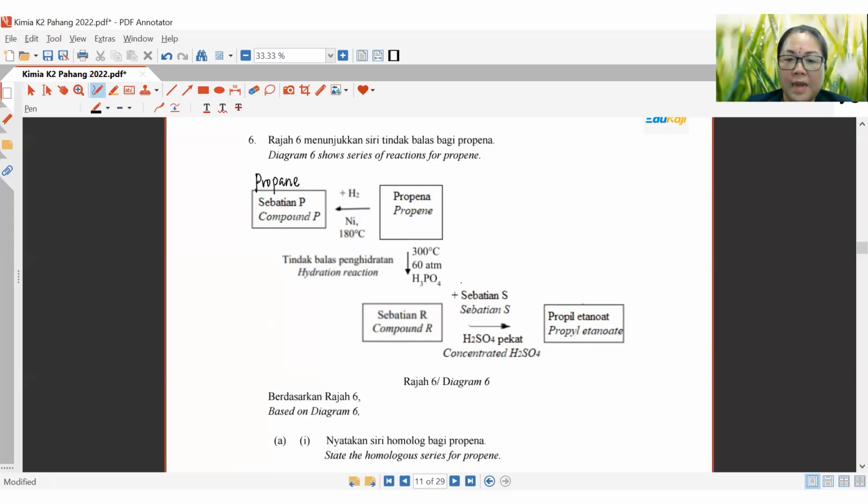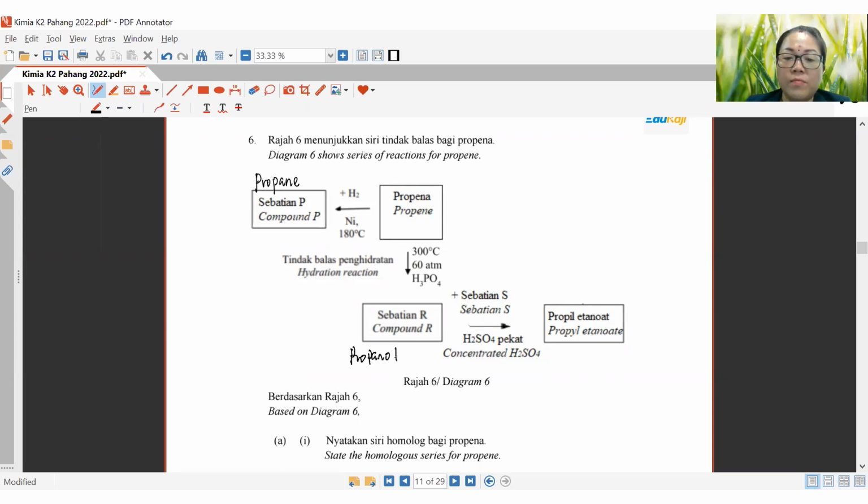Okay, and then 300 degrees Celsius, 60 atm, H3PO4. Later on we will get down to that. All right, to produce compound R. All right, this is hydration here then, because the addition of water. In other words, your propene is converted into propanol.